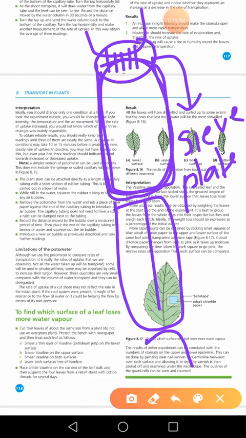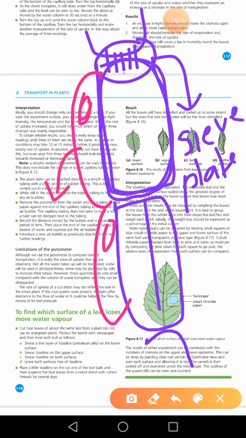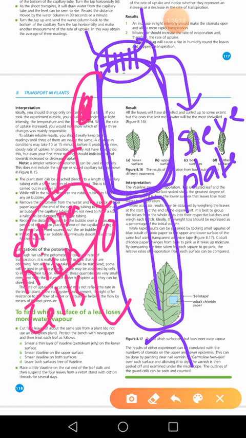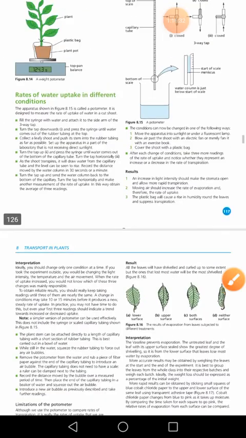The process of food transport in the plant is what we call translocation. But before going into translocation, that means the transport of food through the phloem, we must learn that water is lost from the leaf, but from which region of the leaf.